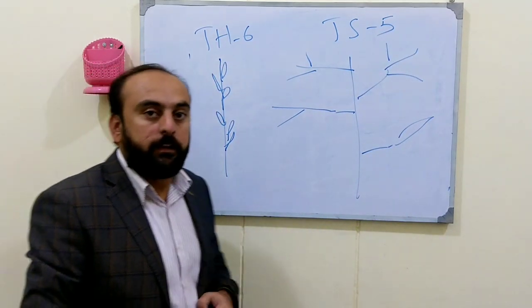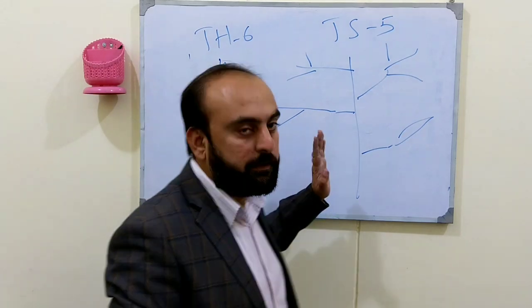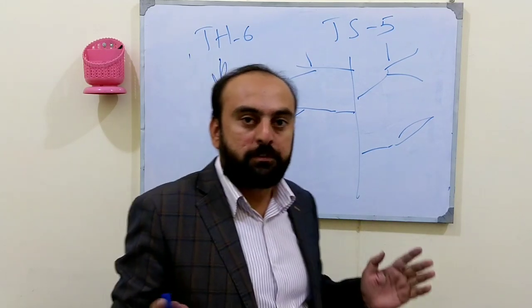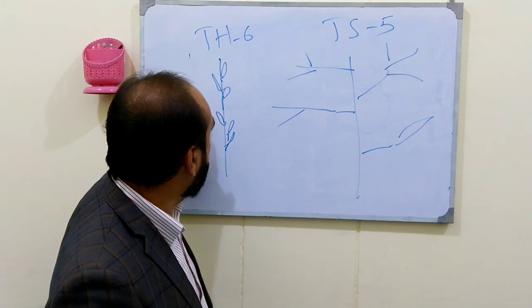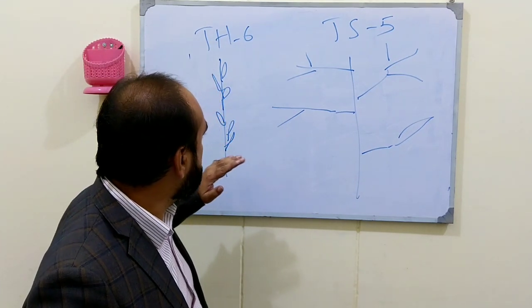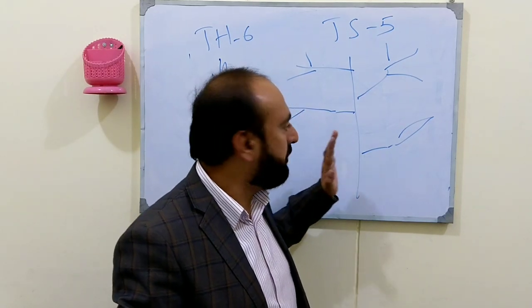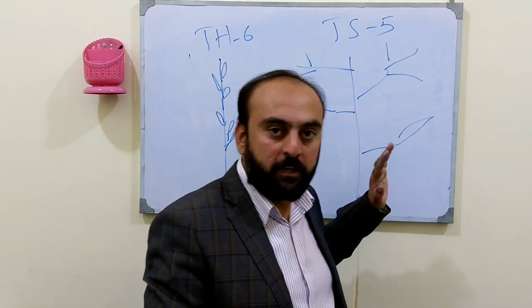So when we are planting these different varieties, this variety needs more spacing, more row to row spacing, as well as more plant to plant spacing compared to this variety that is single stem. So while planting, the seed rate will also be lower for TS5, as well as the spacing must be wider.